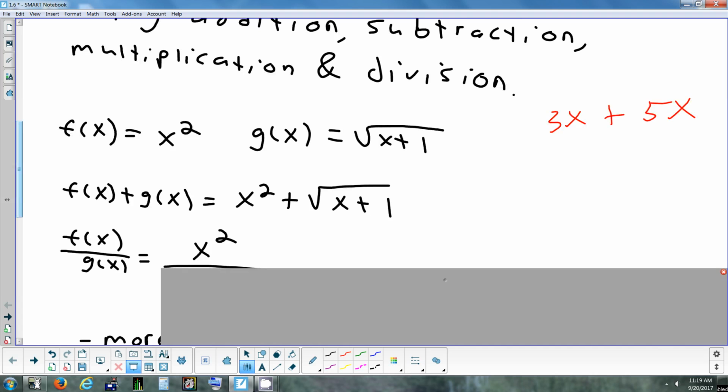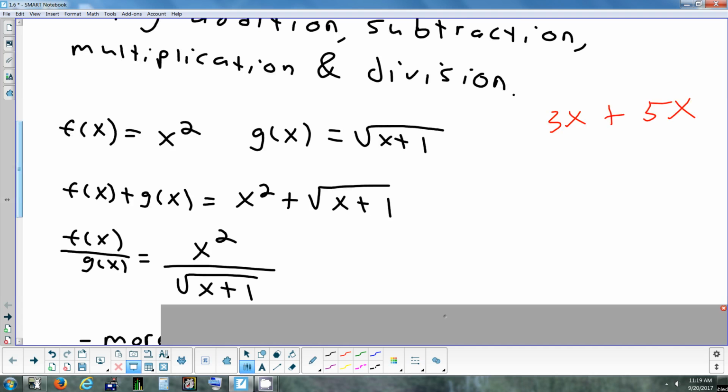Divided by? Well, what's the denominator? G of x. And what is g of x? Square root of x plus 1. Okay. Just take f of x divided by g of x. So now you've created a brand new function by dividing the two that you had. Okay, that's all.